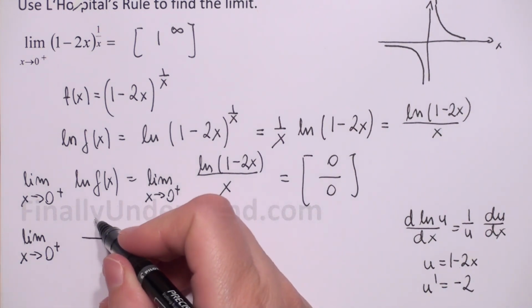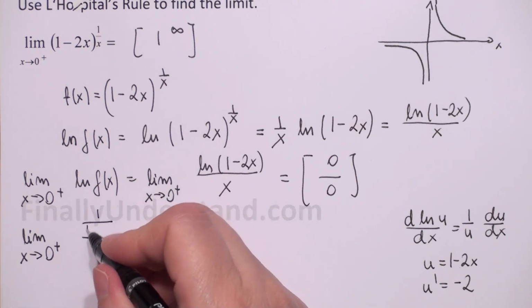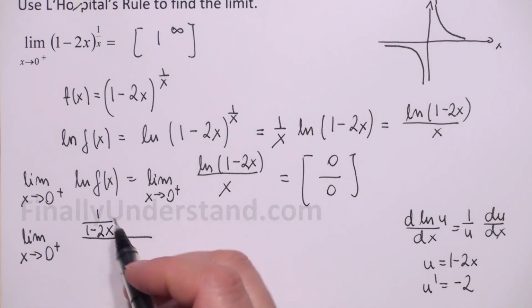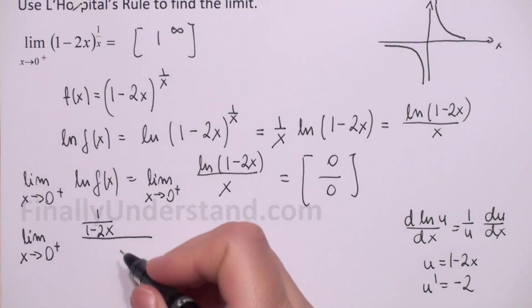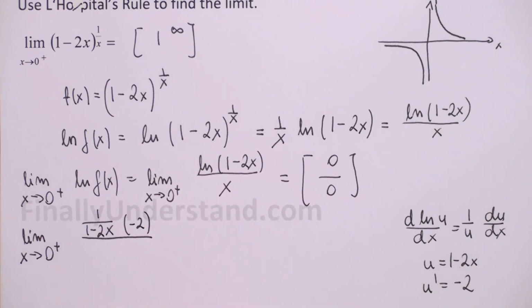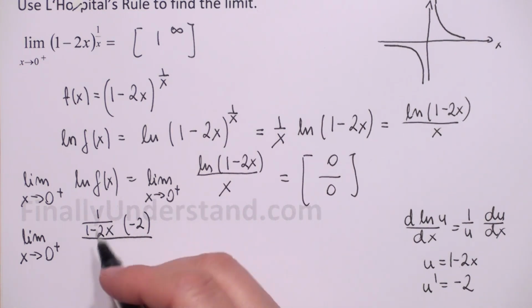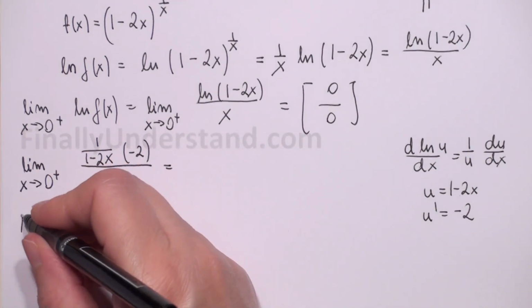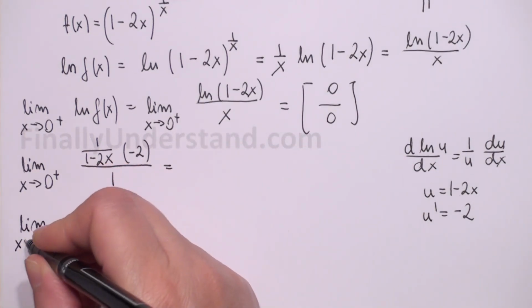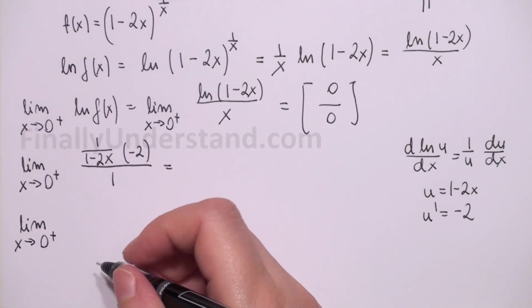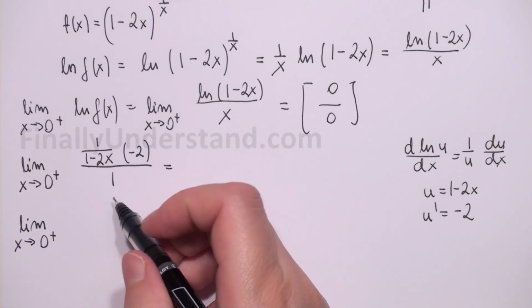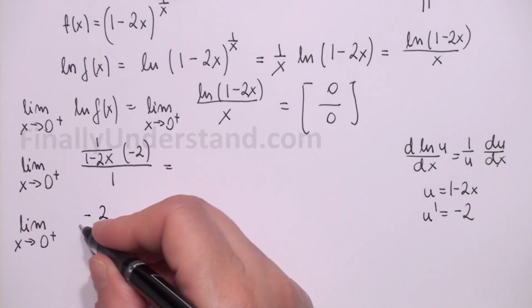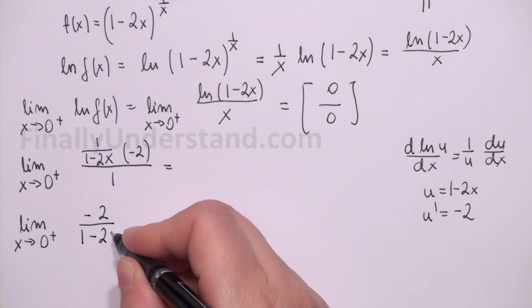So we will have 1 over (1 minus 2x), I just used this rule, times the derivative of u, negative 2, over the derivative of x, which is 1. So this is equal to the limit as x approaches 0 from right of, because we have division by 1, 1 times negative 2, which is negative 2, over 1 minus 2x.